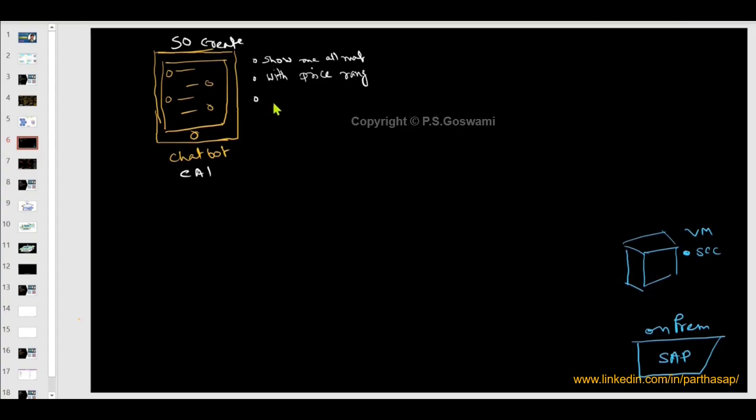Or maybe after having all those details from your on-prem system, the user can place the sales order. Let's say the user says, place sales order for material on, something like that. So this is a normal application.